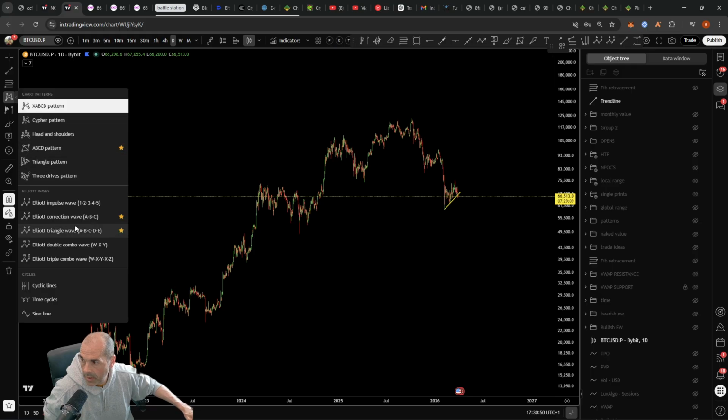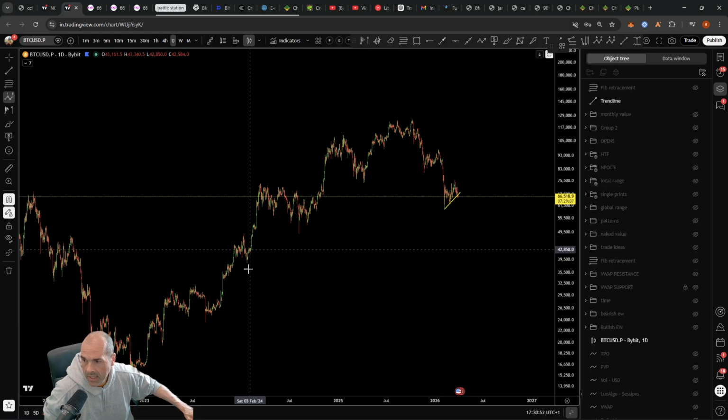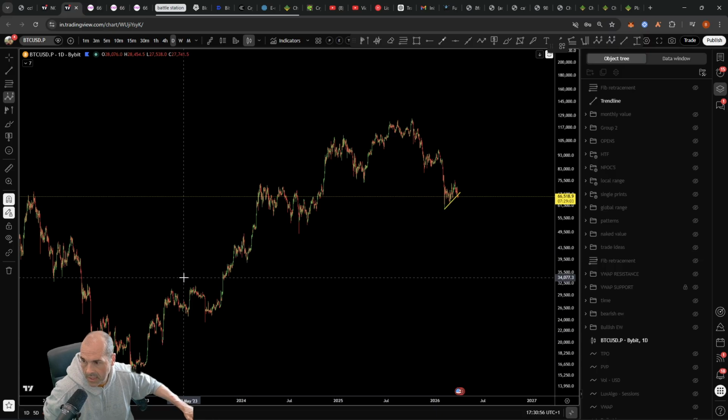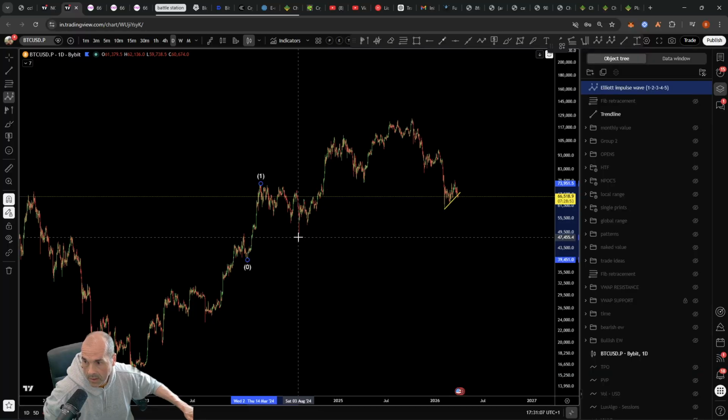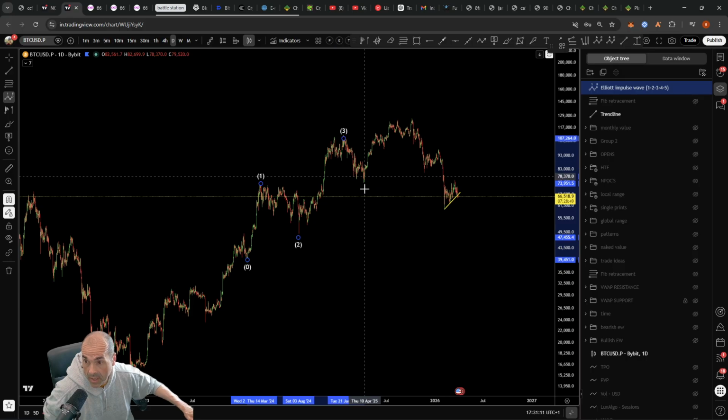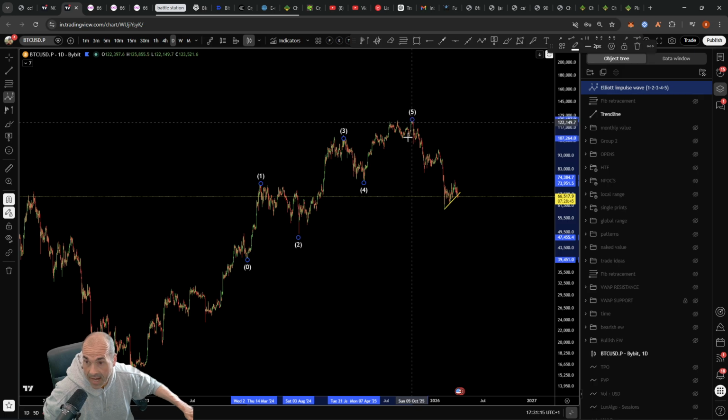I'm going to do this Elliott wave impulse. So maybe we could say this would be your 1, 2, 3, 4, 5, and then we had ABC. Wave 2 is a correction, 3 is your strongest wave, 4 is your next correction, and then there's your 5.